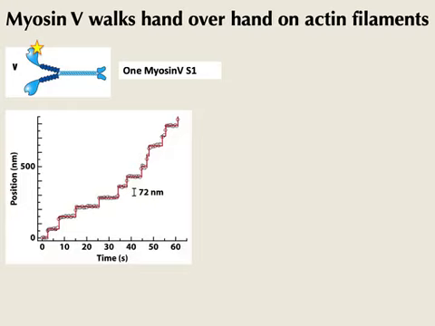What does that all mean? This means that when you have two heads, it's this so-called hand-over-hand movement. In other words, it's attached here and here and moves over and over. And the same head does steps that are twice 36 nanometers, right? And here you see only the movement of one head. So this is all consistent with myosin basically walking on actin filaments with alternating steps of 36 nanometers each.